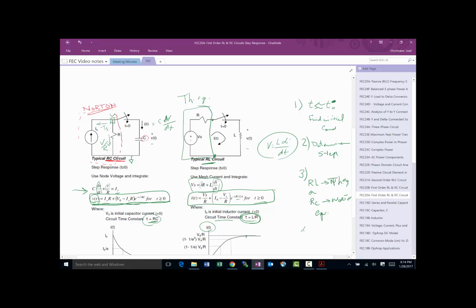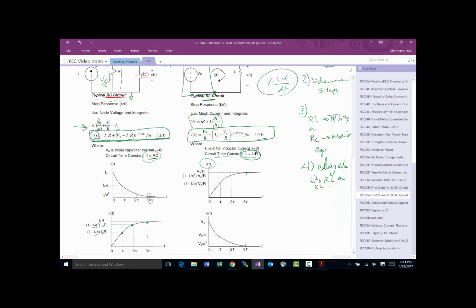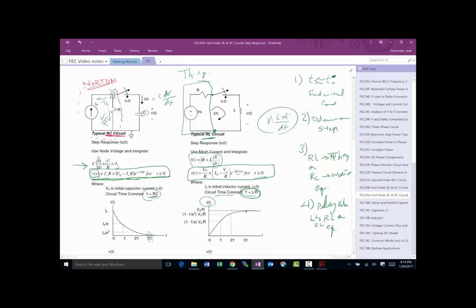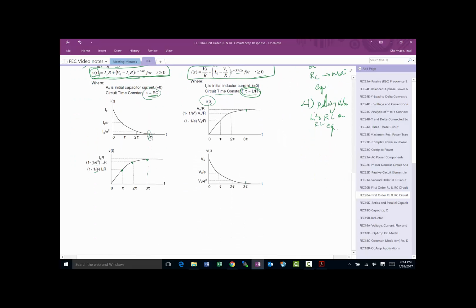Okay, once I have that, just plug the values from your circuit into the appropriate RL or RC equation, and you're done. So again, 3 steps, and let's take a minute and see if we can do an example real quick.